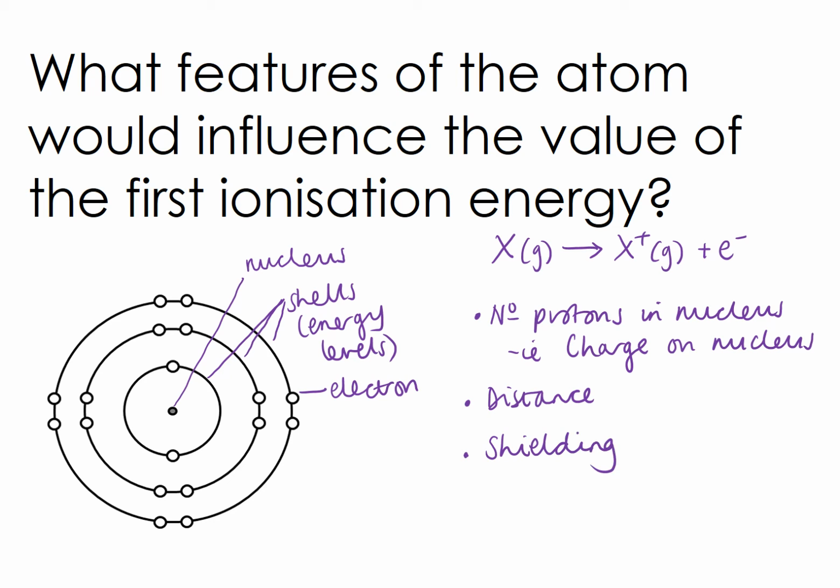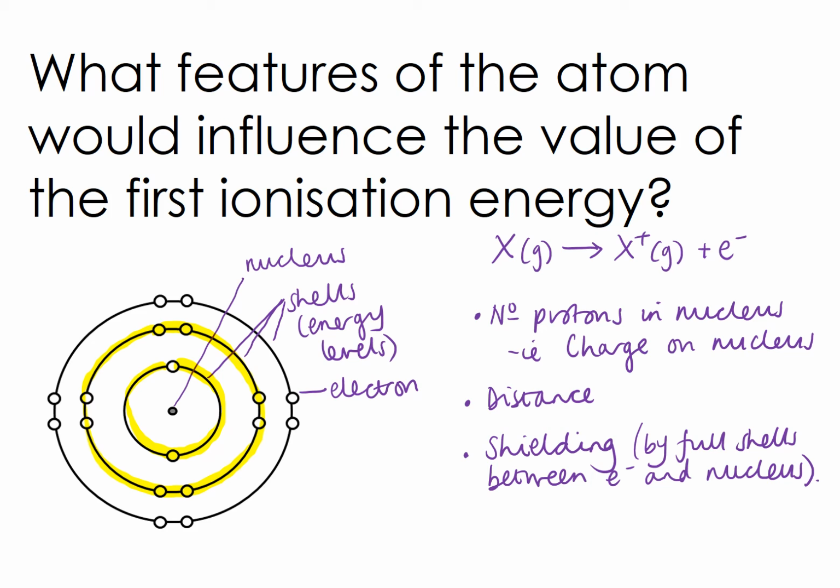Shielding involves full shells of electrons between the outer electrons and the nucleus. For instance, this would be 1 full shell, this could be a second full shell, and then we've got the outer shell in this example. So the shielding is how much that outer electron is being protected from the nuclear charge, by full shells between the electron being removed and the nucleus itself.